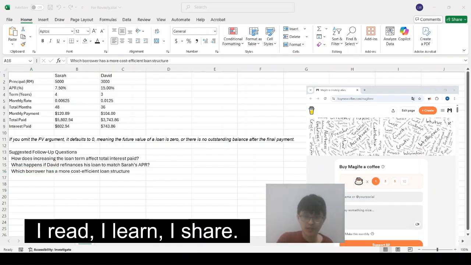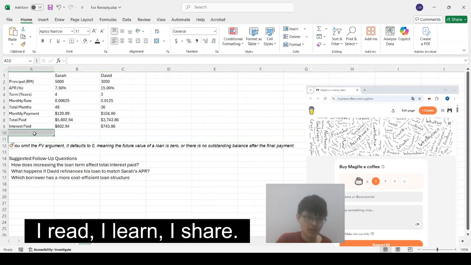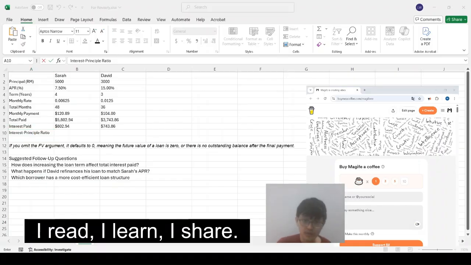So here got one formula, something like the interest to principal ratio. So the formula is something like this one. Interest to principal ratio.